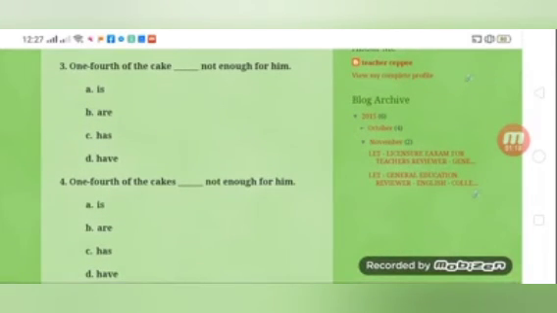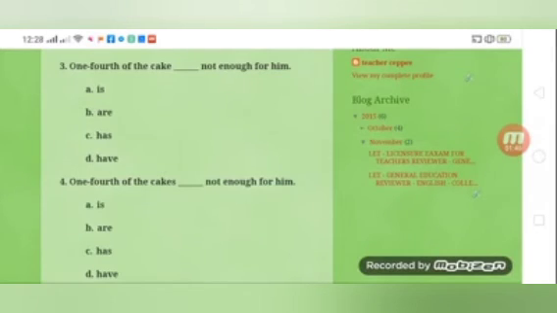Next one, number 3, 1/4 of the cake. Okay, so remember, with fractions in subject-verb agreement, what comes after the fraction, the object of the preposition, if it's singular, the verb should be singular. If it's plural, the verb is plural. So, 1/4 of the cake, since the cake, the object of the preposition of, is singular, our verb should be singular.